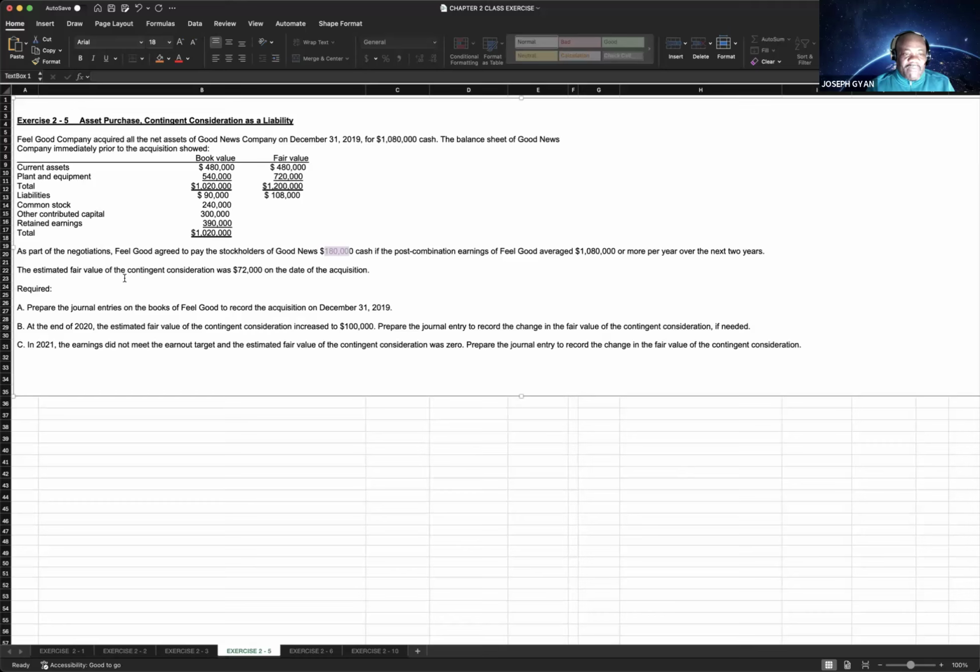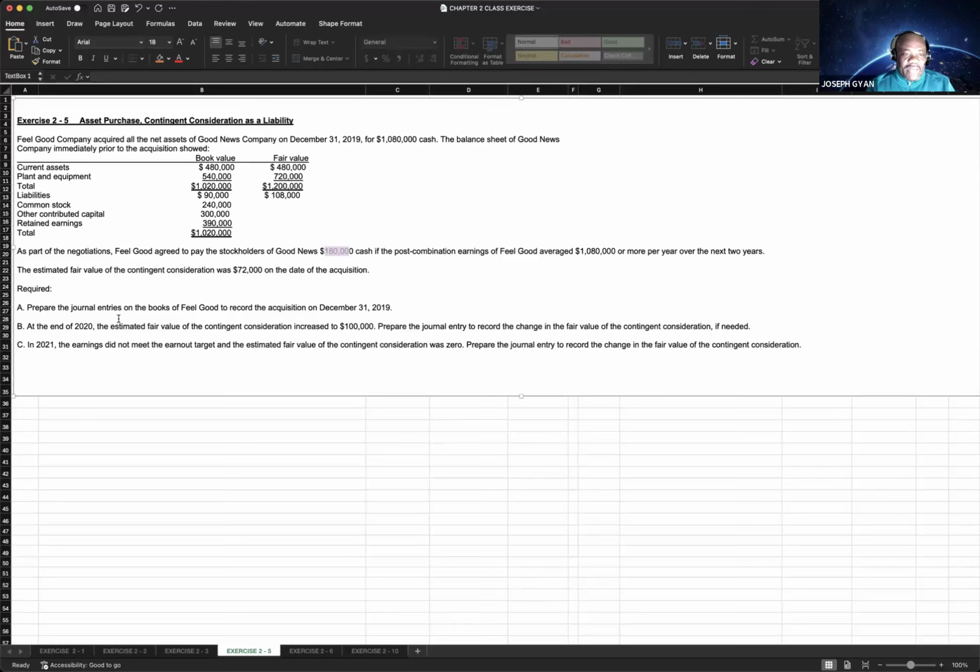The estimated fair value of the contingent consideration was 72,000 on the date of the acquisition. So every single year we have to see what has happened to the 72,000. Is it going up, going down? If they are able to maintain the 1,080,000, of course, we'll give them the promise. But if not, we are going to keep the money. That is the rule. We are not going to give it to them.